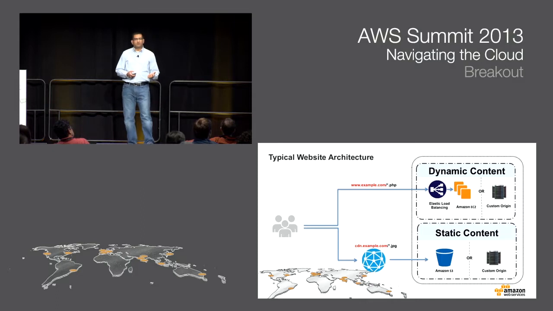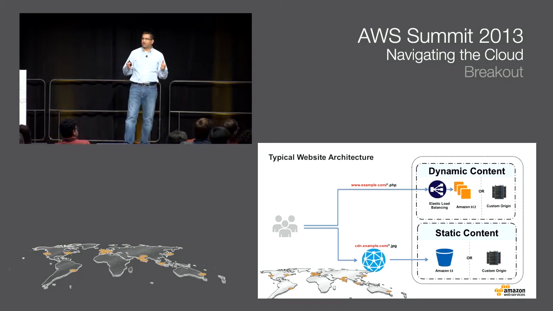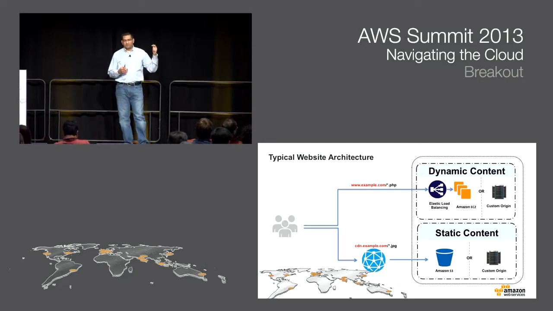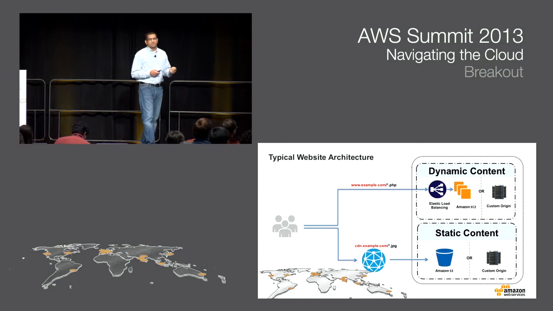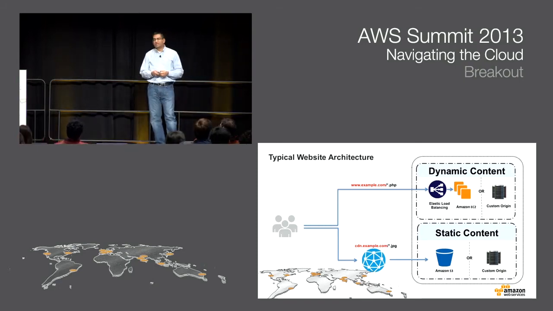And typically, these websites would have an architecture that looks something like this. So you see the end users here making two different requests to download the different types of content from their browsers. The first domain name up top, www.example.com, is for the star.php path, which represents the dynamic content on a website.